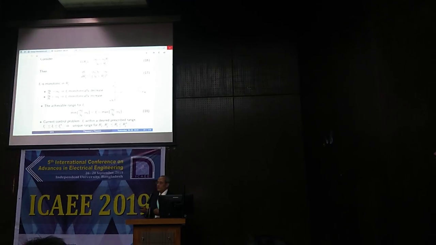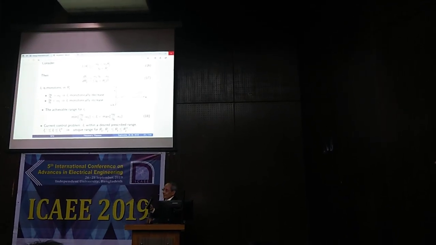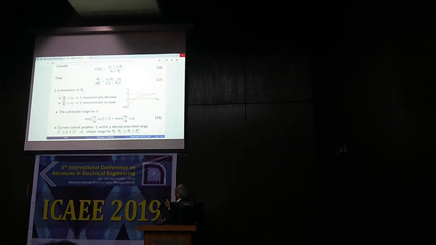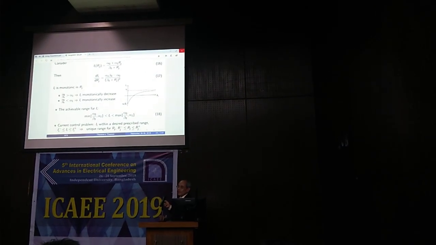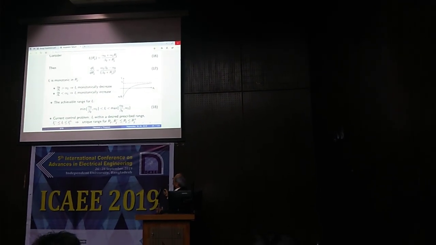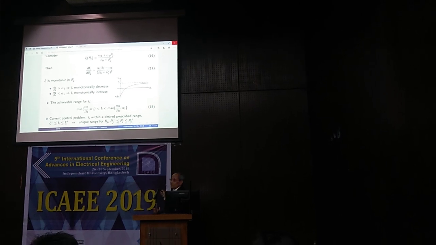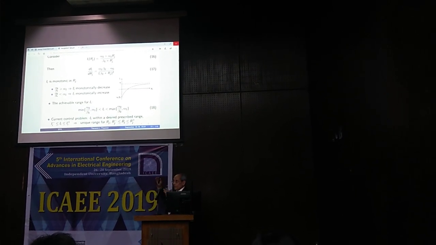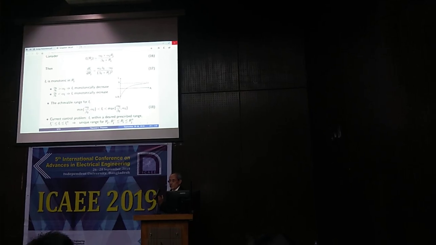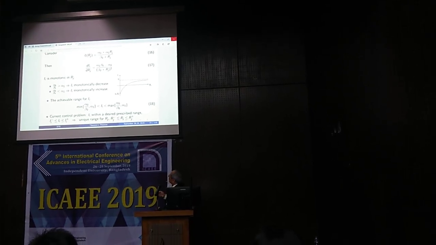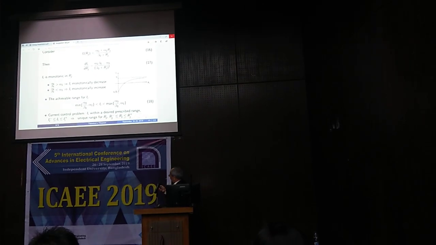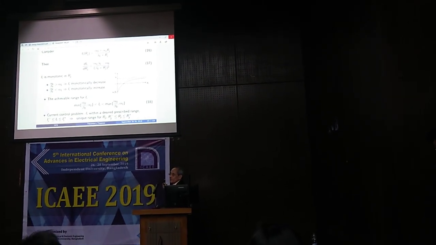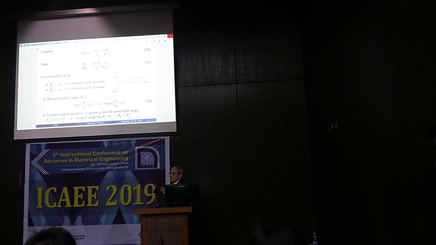So here's the graph of current versus resistance. So if you want a certain current, you can predict what the resistance will be. If you want to bound the current between 2 limits, you can find out the range of resistance. Also, you know the maximum current that you can get from that circuit and the minimum current.